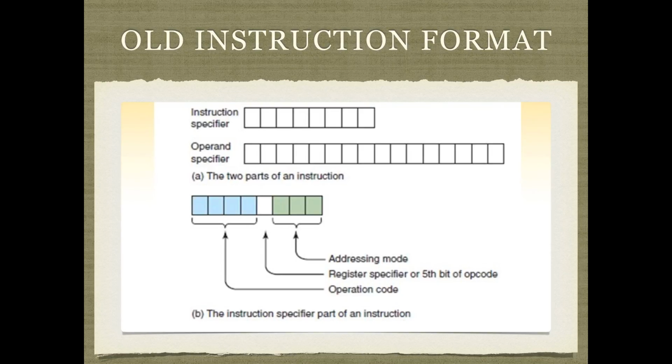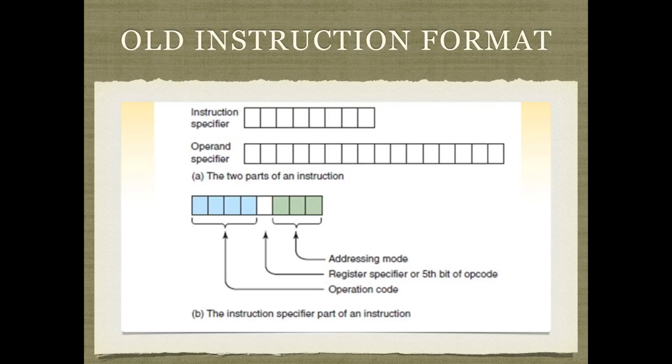So remember, this is the instruction format that we saw on Tuesday. The instruction specifier, the first set of bits there, is a byte, 8 bits. And then the operand specifier is 16 bits, or 2 bytes, or 1 word. Again, the blue block for the instruction specifier is the operation code.